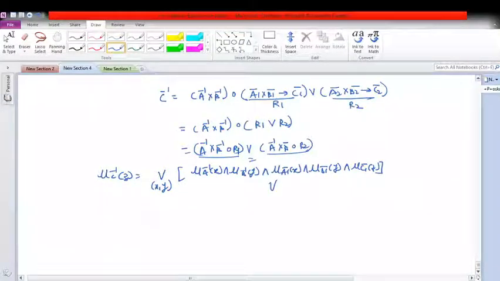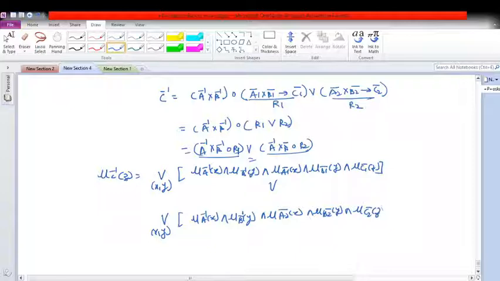Then ORing with, again selecting maximum from x, y, mu A bar dash of x intersection with mu B bar dash of y intersection with mu A2 bar of x intersection with mu B2 bar of y intersection with mu C2 bar of z.